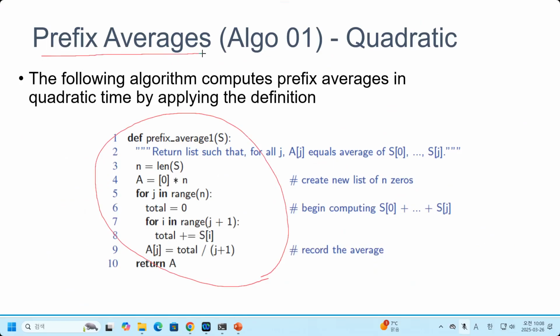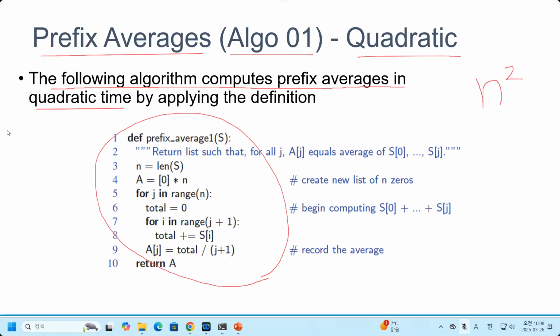This is the prefix average, algorithm 1. The following algorithm computes the prefix average in quadratic time. How do we know this is quadratic? What does quadratic mean? This is n to the power of 2.